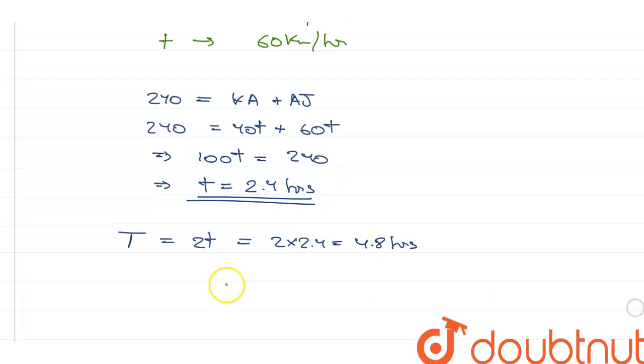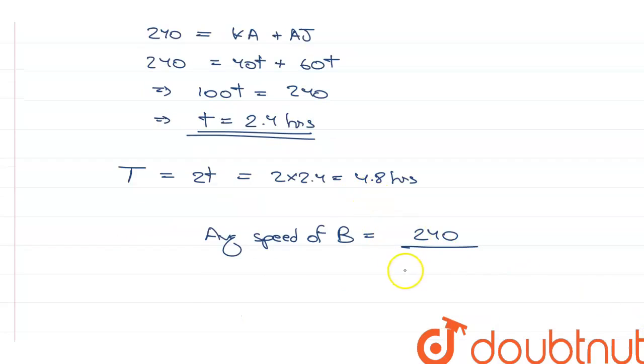That means the average speed of B will be equal to the total distance 240 kilometers upon the total time 4.8 hours.